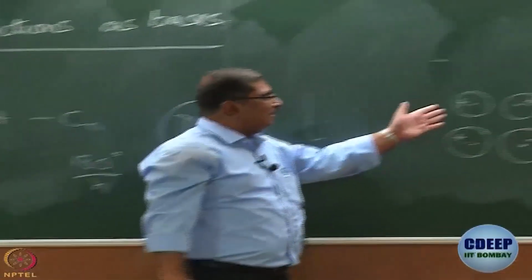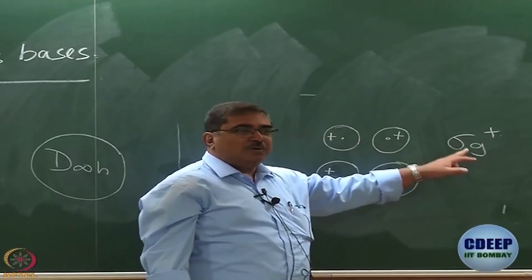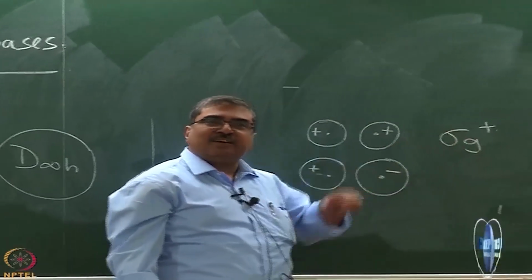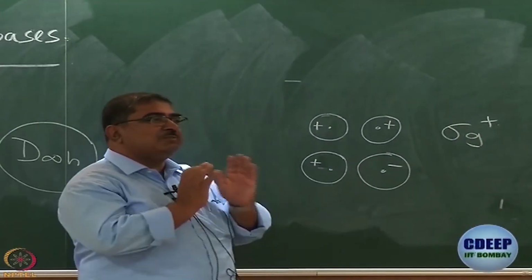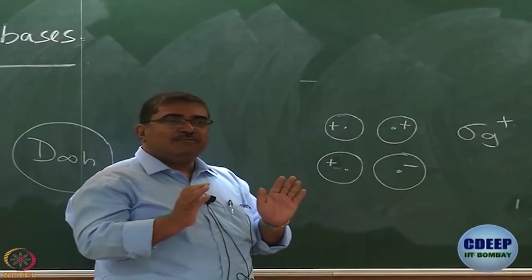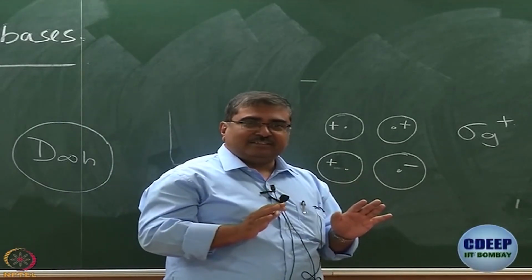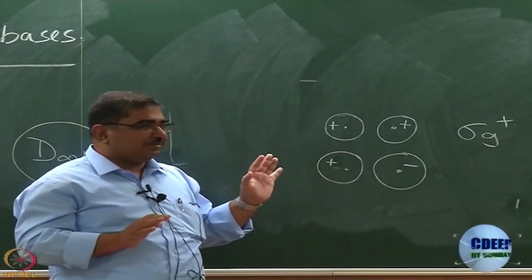So, from now on we are going to call it sigma g plus orbital. You might note that I have used small sigma here, right. That is the other convention we are going to follow. Whenever we write a wave function, we will use a small letter. Whenever we talk about a state, we use a capital letter. That is going to come very handy in our discussion of electronic spectroscopy.